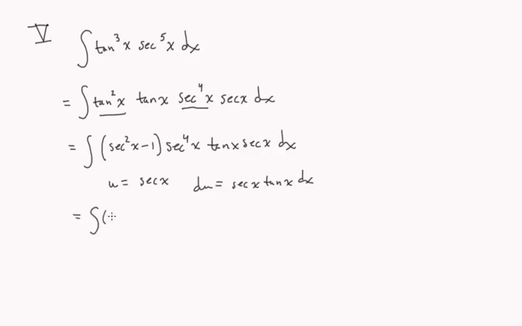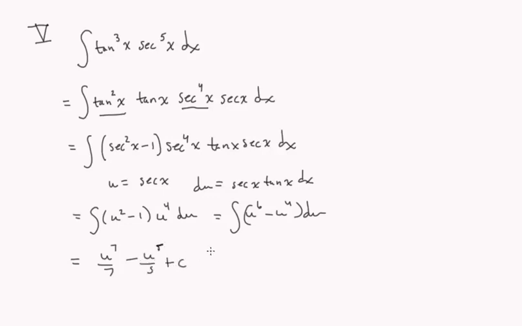So then I have the quantity u squared minus 1, u to the fourth du, distribute and integrate. So the integral of u to the sixth minus u to the fourth du, we have u to the seventh over 7 minus u to the fifth over 5 plus c equals our final answer.